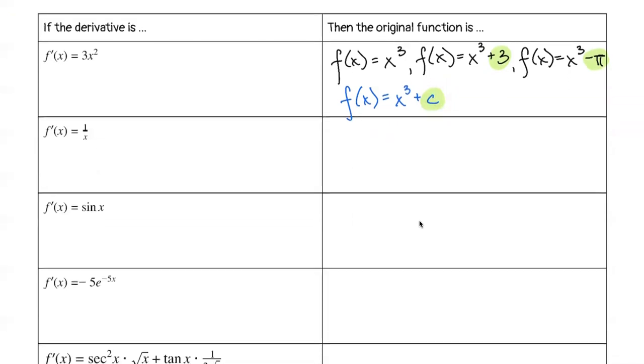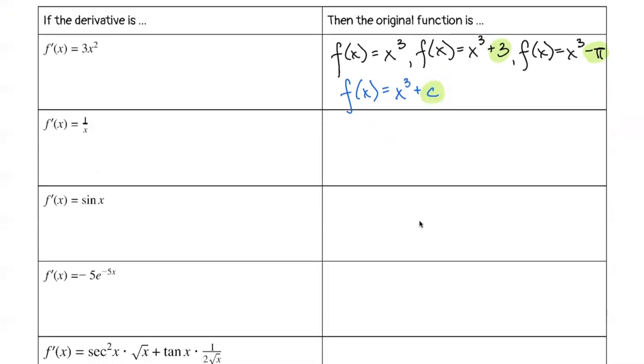All right. Let's take a look at some of these other ones. I think the next two, we hope, are ones that we recognize. If I take a function and I take the derivative, I end up with 1 over x. What was that original function? Well, it came from the natural log of x. Now, just like before, it could be maybe natural log of x minus 2 or natural log of x plus 15.